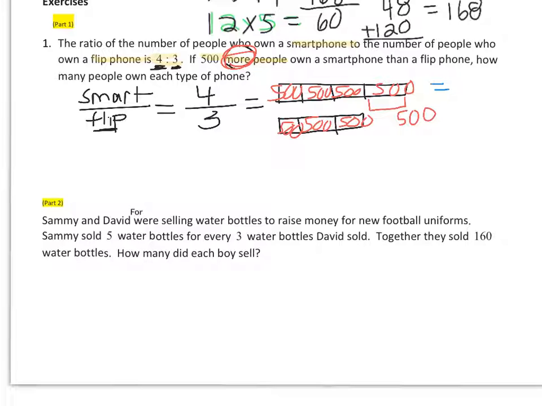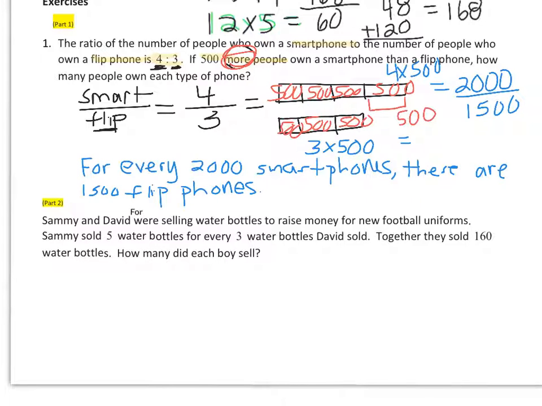There are 4 500s, so that's 4 times 500, and 4 times 500 is 2,000 over, and then there are 3 500s, so that's 3 times 500, and that's 1,500. So now we have our answer. We're going to write this using ratio language. So our ratio language is for every 2,000 smartphones, there are 1,500 flip phones.